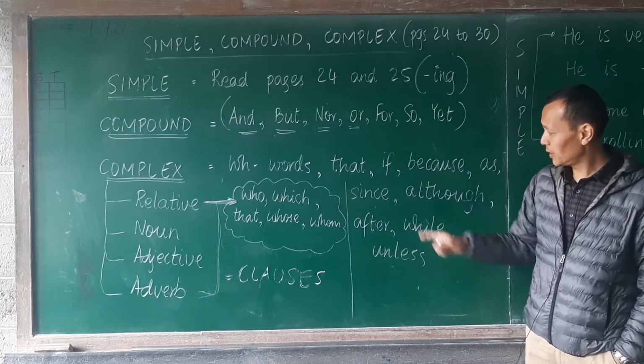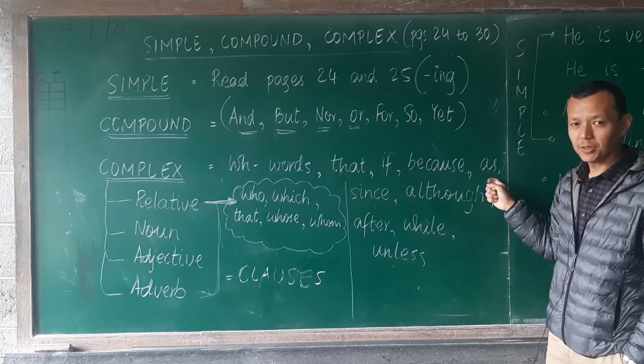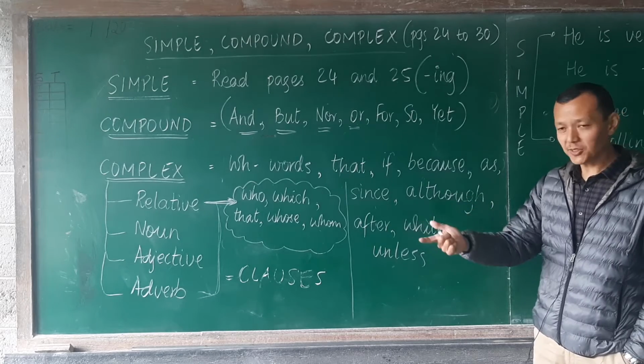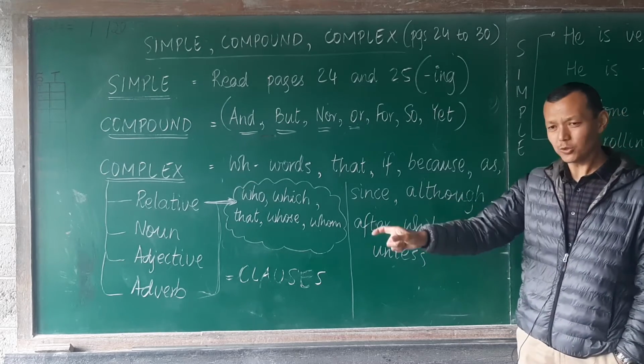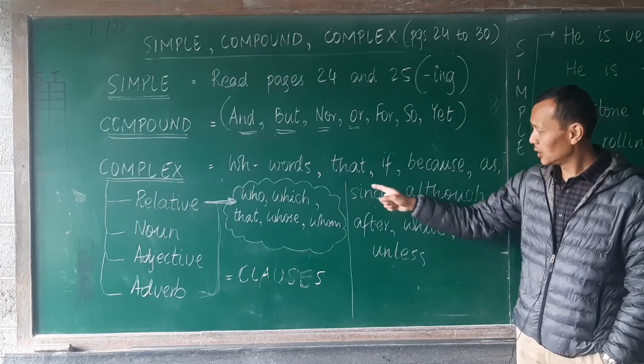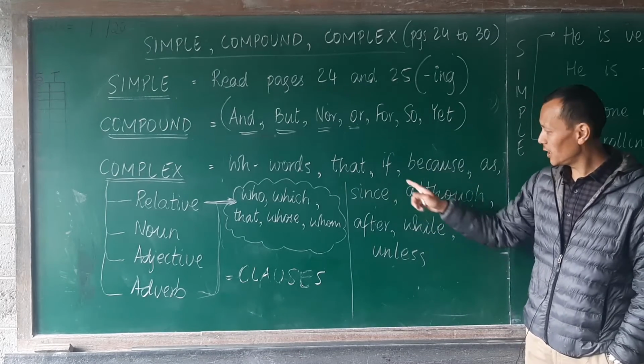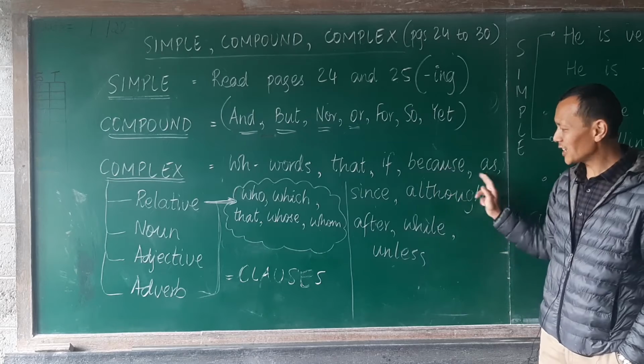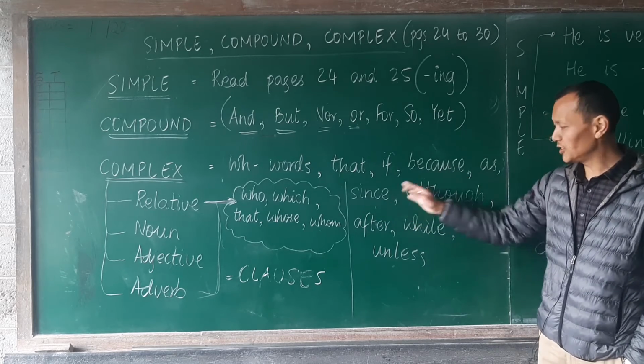If it is an adverb clause that they tell you to use in the answer, you will mostly have to use if, because, as, since, although. Because, as and since have the same meaning.